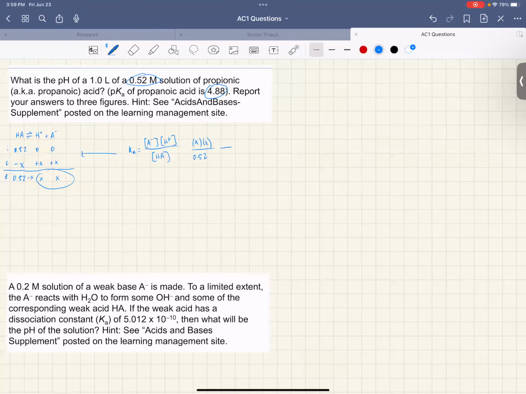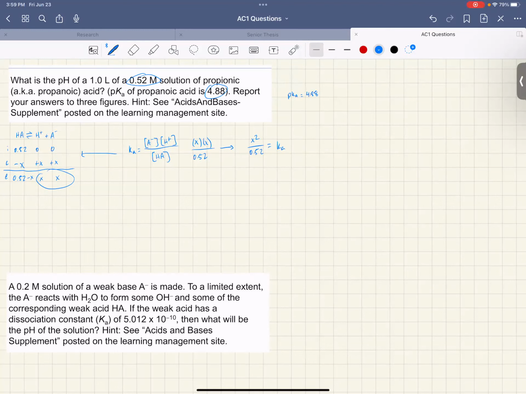So this will simplify to X squared over 0.52, which is going to equal our Ka, which we're given the pKa as 4.88.